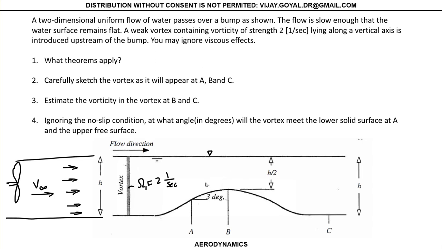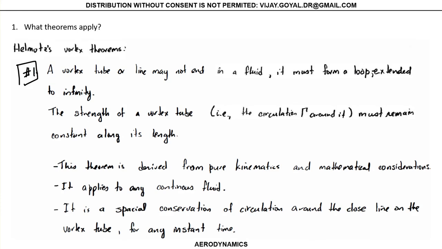Okay, so let's get started on this problem. The first thing is, all three Helmholtz vortex theorems apply. First of all, it says that the vortex tube is going to remain constant as it moves along.